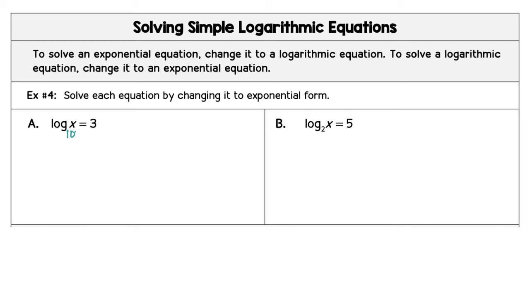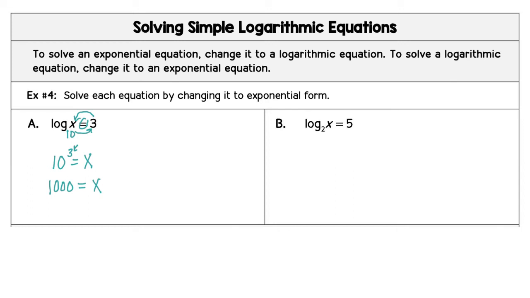You're going to say 10 raised to the third power equals x. So 10 to the third power is 1,000. Again, if you're not sure, just let that number tell you how many zeros to write. That equals x.